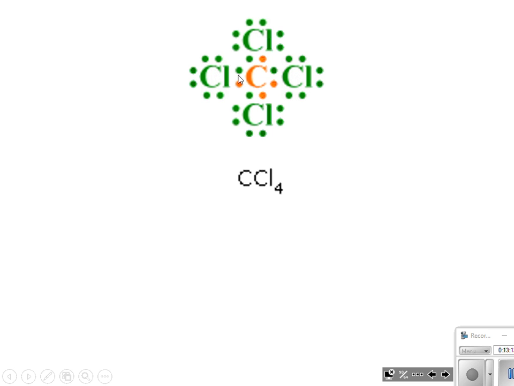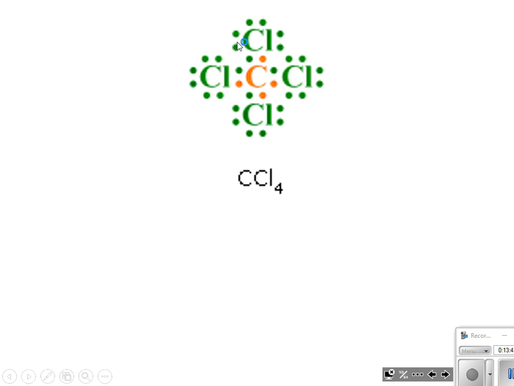E represents what? Talk louder, I can't hear you. Lone pair of electrons. Now, this is where you'll get confused, because it means lone pairs of electrons around the central atom.